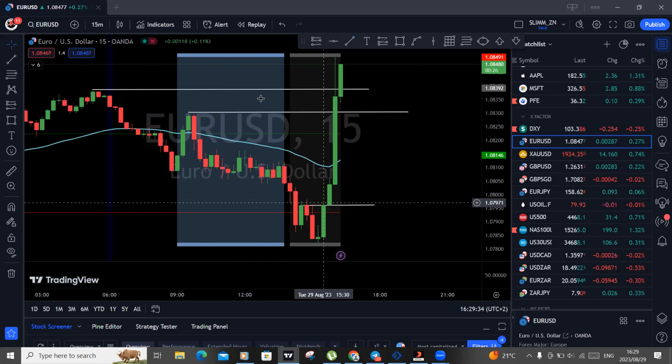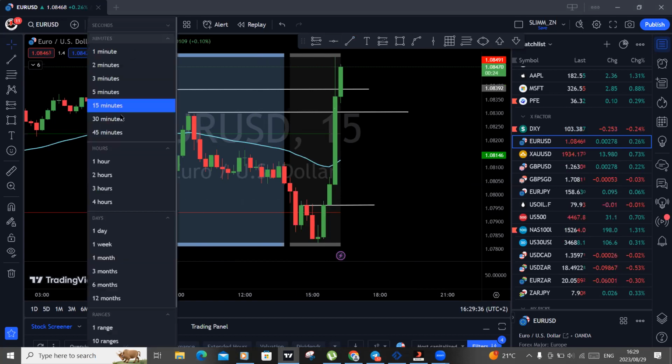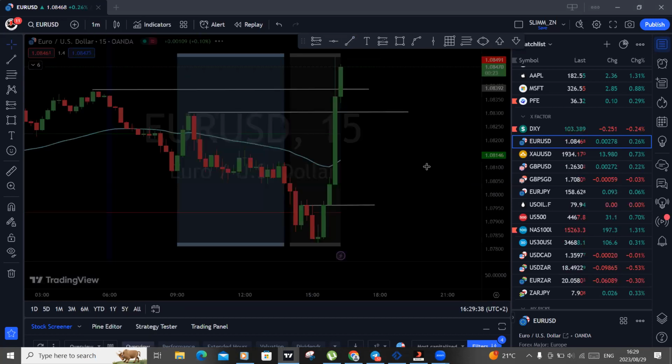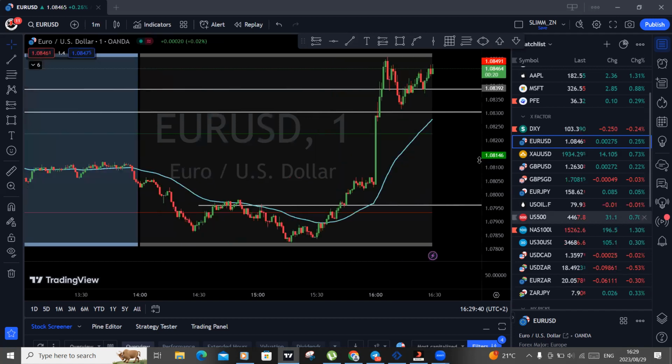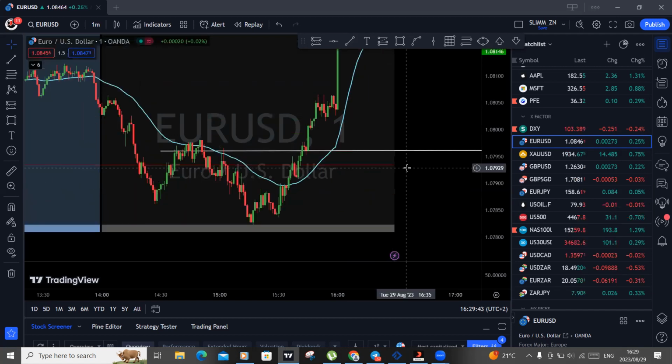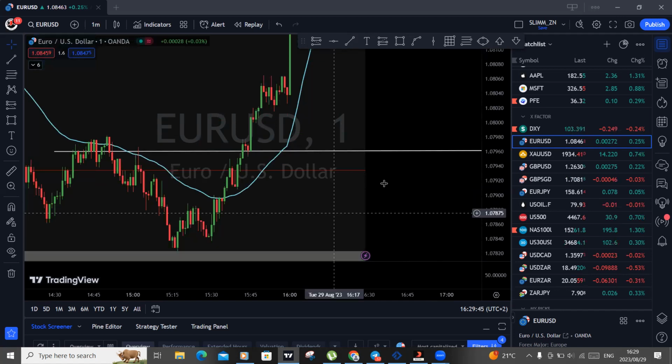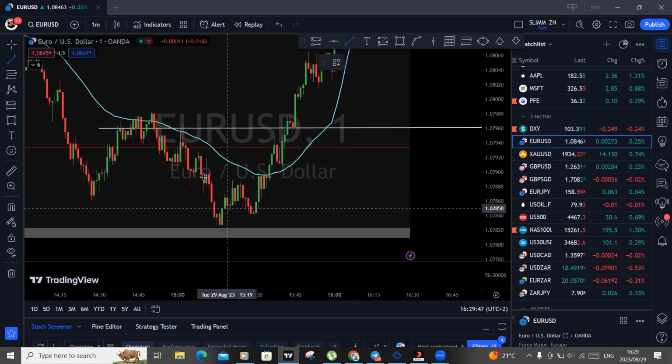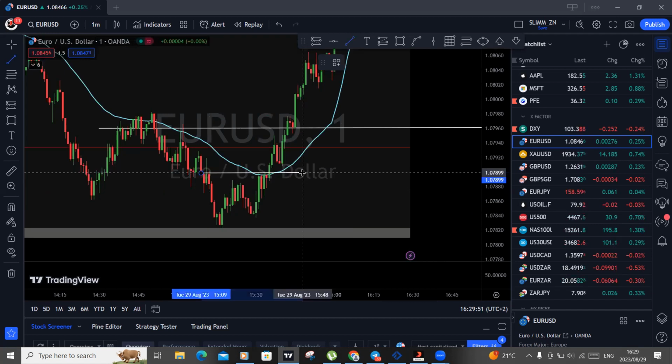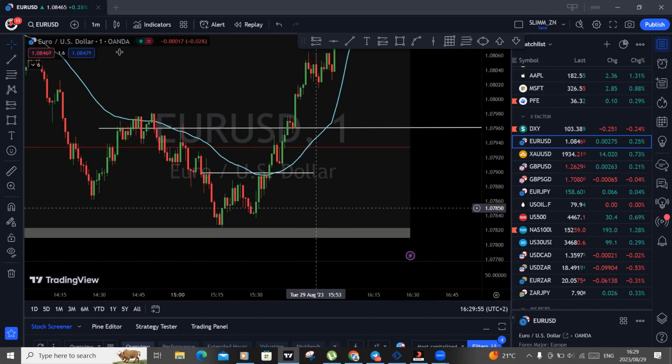Safe entry at the close of that candle. Just going to drop down to a smaller time frame. Just want to check the structure here. Okay.